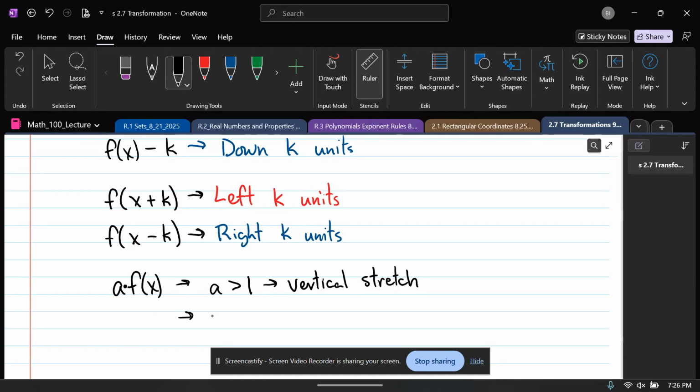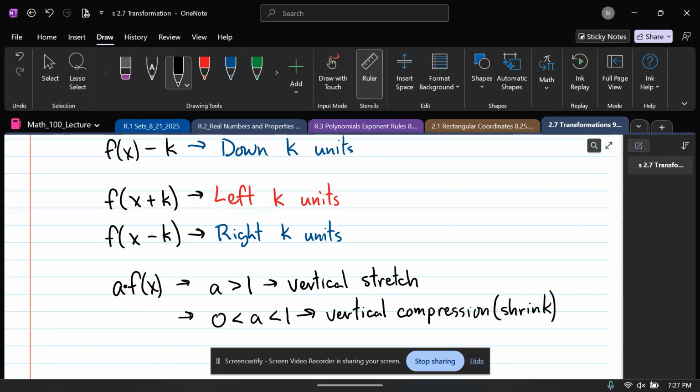If a is between 0 and 1, that is a vertical compression. You may also find that said as a shrink. What kind of numbers are between 0 and 1?